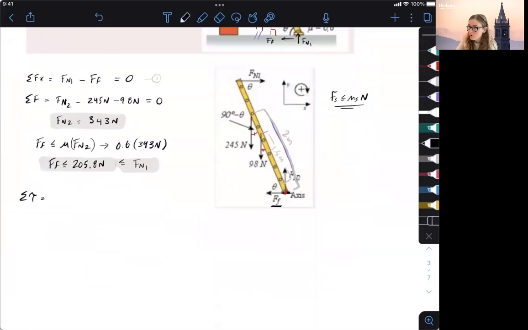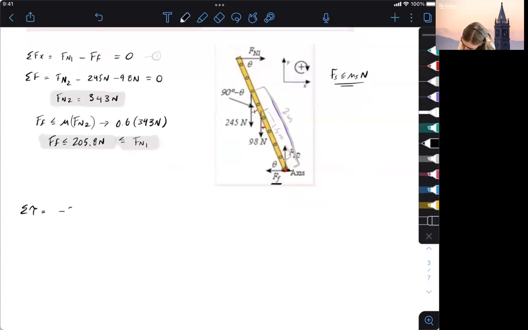First, we'll start with the torque from the weight of the ladder. We're starting in the middle, which is a little weird, but okay. For the weight of the ladder, we have this 90 minus theta angle. We're going to take negative 98 newtons because if we think about the way this is going to cause it to rotate, this is our point of rotation and it would go around this way.